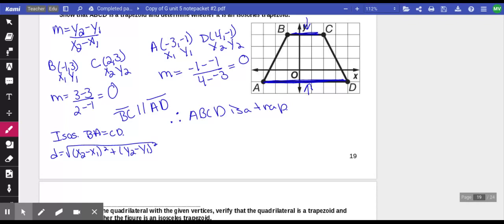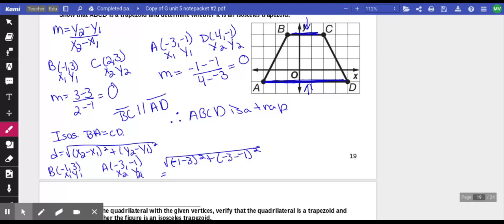So when I do BA, B is -1, 3. A is -3, -1. So I'm going to do x1, y1, x2, y2. Then I do the square root of -1 minus 3 squared plus -3 minus -1 squared.